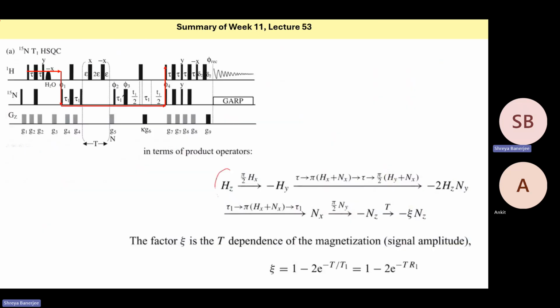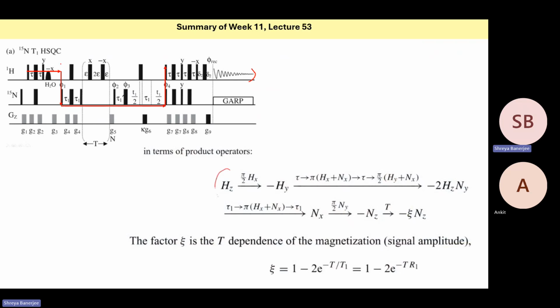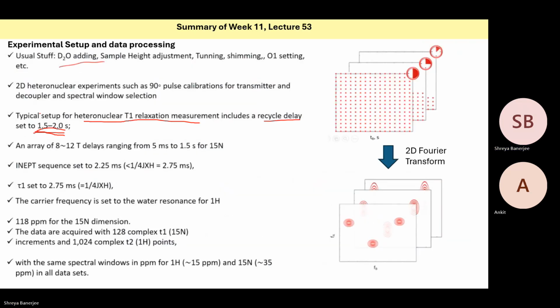What this means is that you have collected one FID here, and then you're repeating the experiment. So a delay time of 1.5 to 2 seconds is given to allow the magnetization to come back to its initial position, so you can again do the experiment.